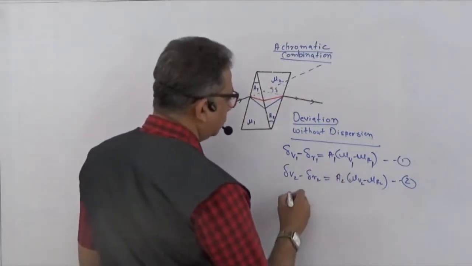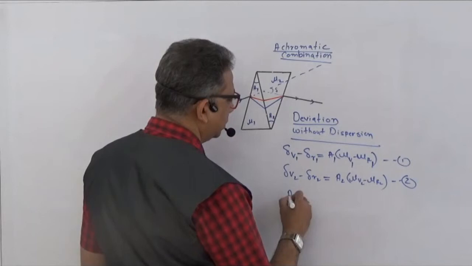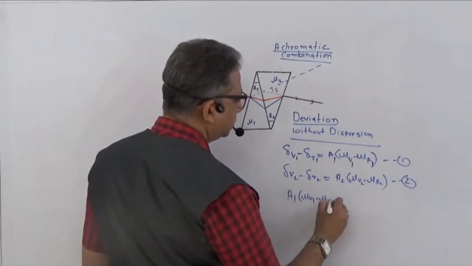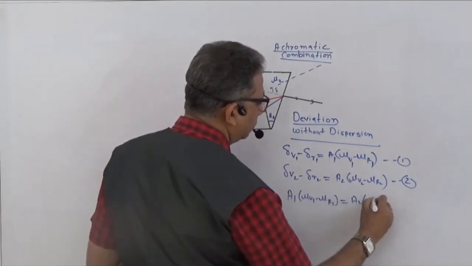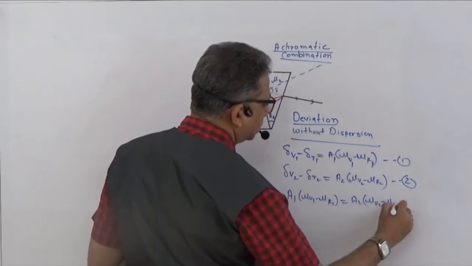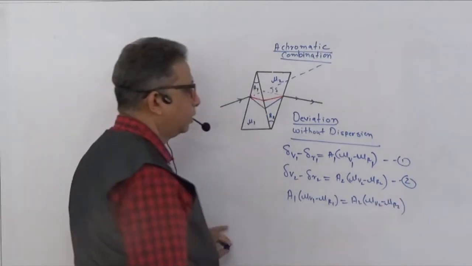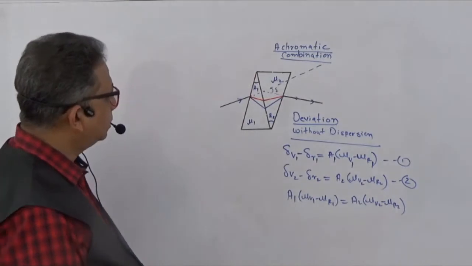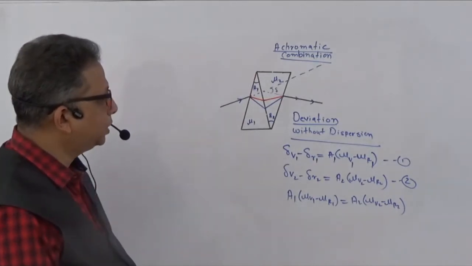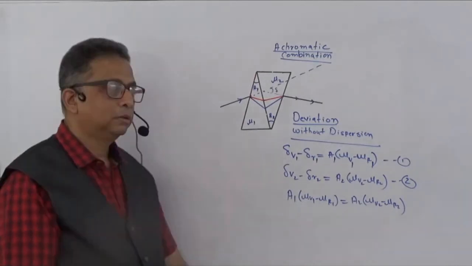So equating 1 and 2, we get the equation mu V1 minus mu R1 equal to mu V2 minus mu R2. This is the equation for achromatic combinations of prisms.